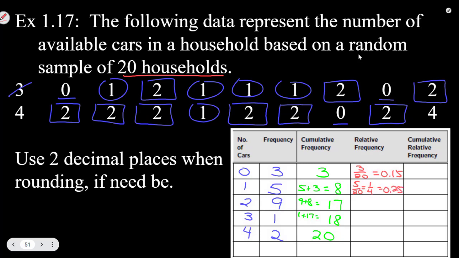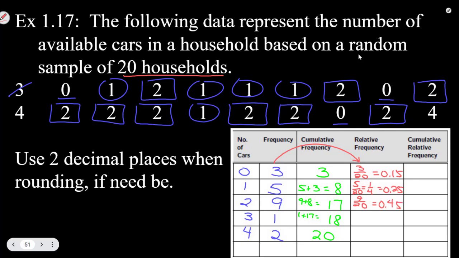So if you're going to leave it as a fraction, always reduce it, or you could just change it to a decimal. When we go to the third one, and just as a reminder, it's this one compared to the total. So it's going to be 9/20, and that would be 0.45.